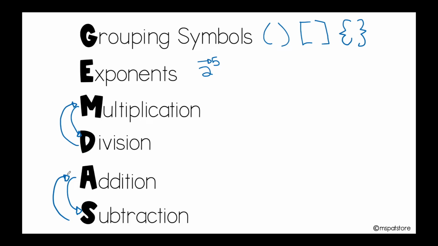I know that some of you remember the order of operation by using the acronym PEMDAS, because the P was for parentheses. But now, as we're going to be involving other grouping symbols, it's a good idea that you move away from PEMDAS and use GEMDAS instead, because the G will talk about any other grouping symbol besides a parenthesis.